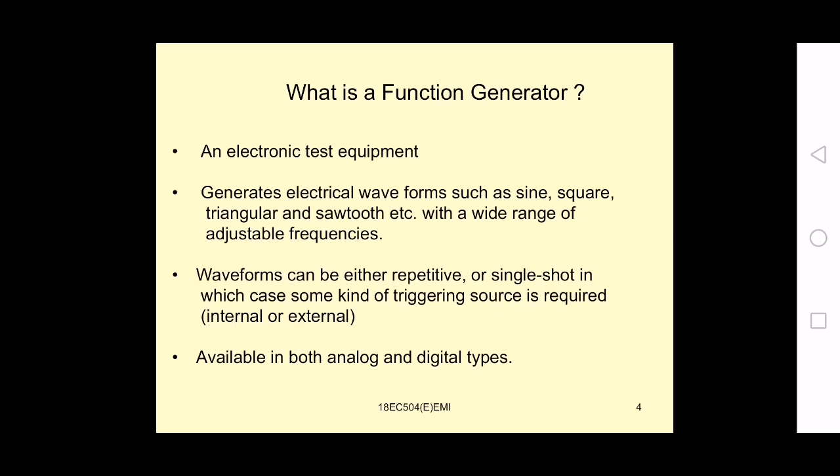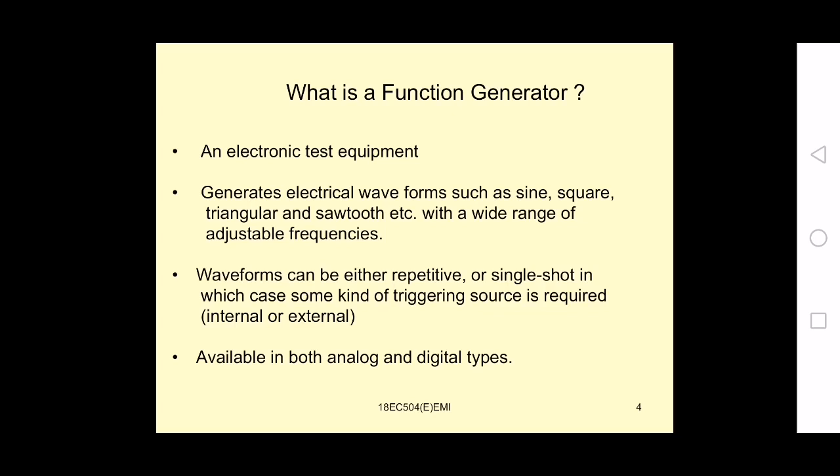These waveforms can be either repetitive or single shot. Repetitive means it is generating continuously, or you can generate a single sine wave or single square wave, single shot, in which case some kind of triggering source, external or internal, is required.